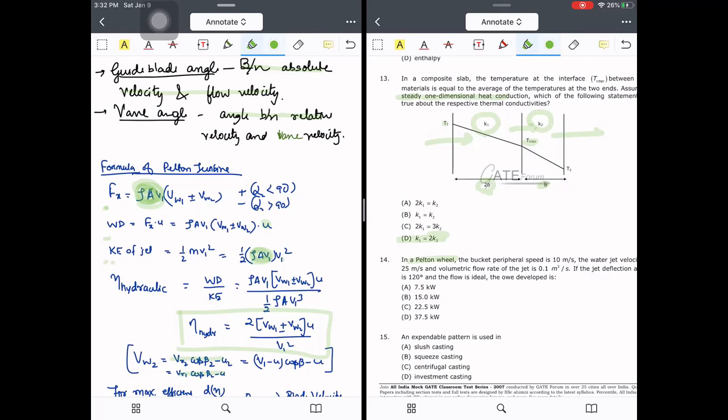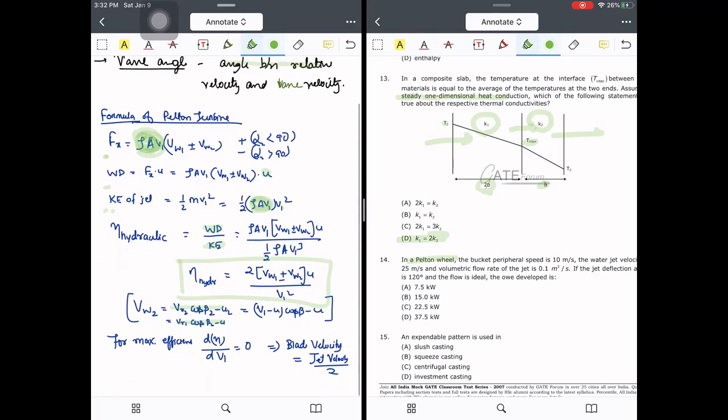Based on that, you identify how the force is calculated from the change in momentum, how you calculate the work done, and then the kinetic energy of the jet. The kinetic energy of the jet basically deals with the initial kinetic energy that you are giving. That is why you are calculating the hydraulic efficiency, that means the energy that you have provided and the work that is being done.